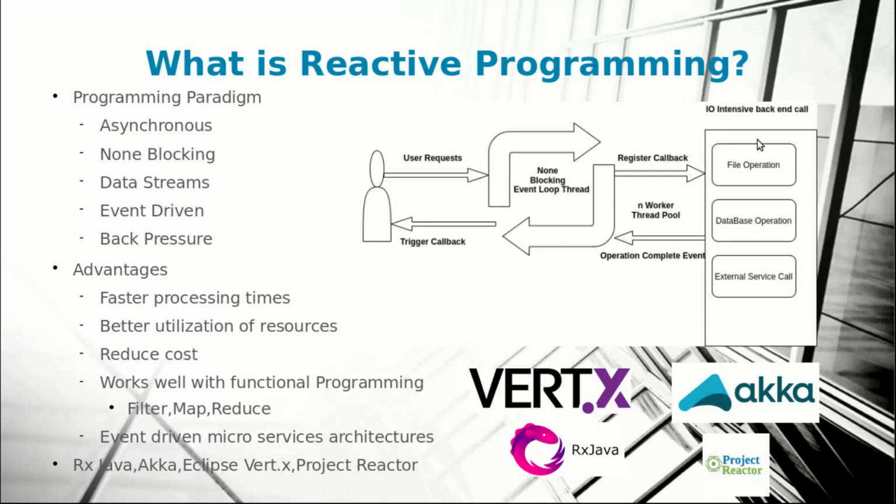It can be a file operation, or a database operation, or an external service call, right? So when a request comes, this event loop thread will take the request and it will register a callback, and it will delegate the functionality or the responsibility to another thread.